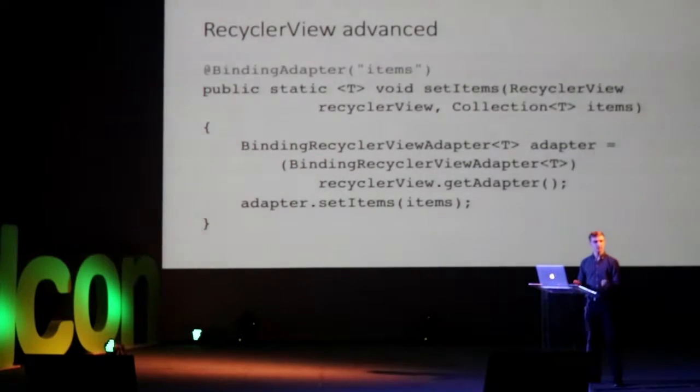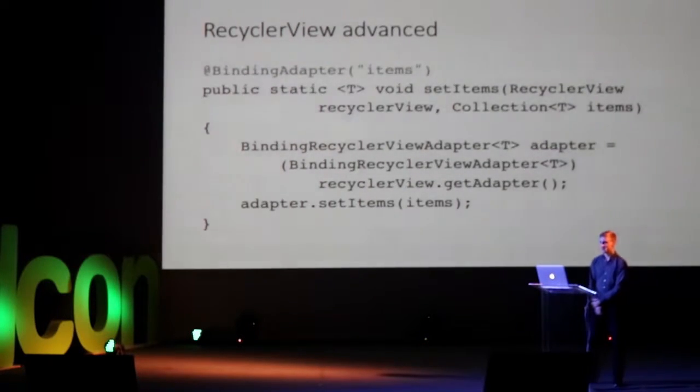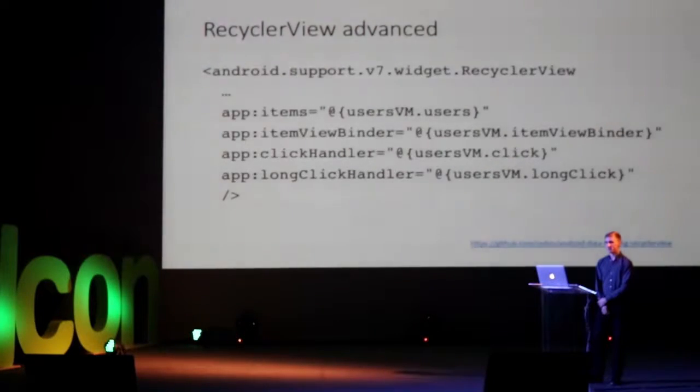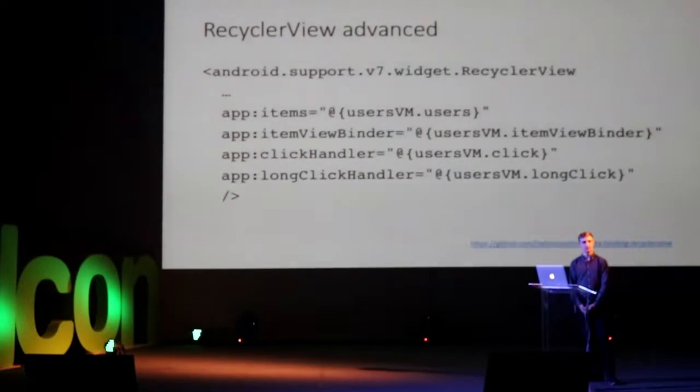This is a custom class that does all the magic, and you can just set the items there. So in this case, it becomes very easy to set this up for all of your RecyclerViews. And then you can add items, you can have a view binder, you can even add click listeners and long click listeners for the items inside of your list.